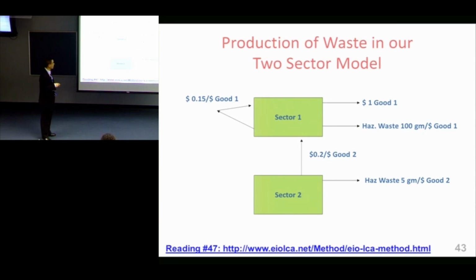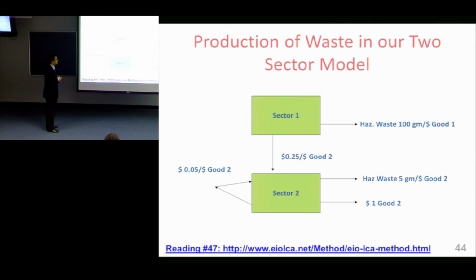So this is our sector 1. As we've seen already, if we have a dollar coming out of sector 1, we're going to require 15 cents from sector 1, 20 cents from sector 2, also going to produce this 100 grams of hazardous waste per dollar. Right? And likewise for sector 2. Okay.